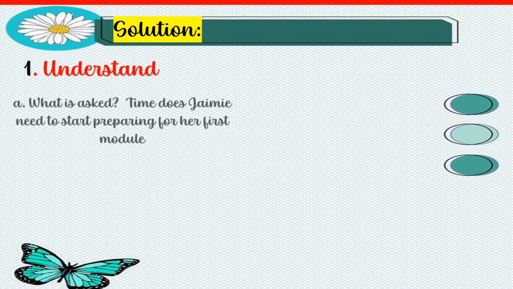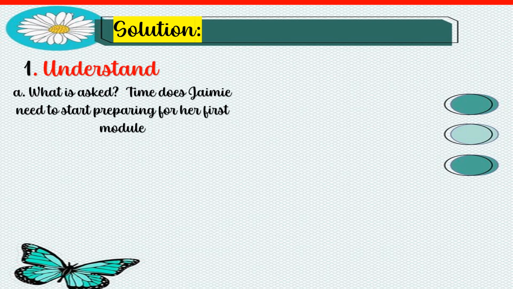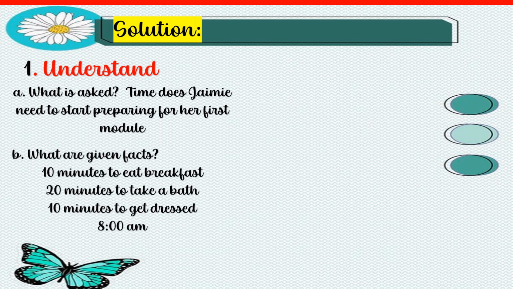So understand, A, what is asked? What time does Jamie need to start preparing for her first module? And what are the given facts? So we have 10 minutes to eat breakfast, 20 minutes to take a bath, 10 minutes to get dressed, and 8 AM. And then plan.